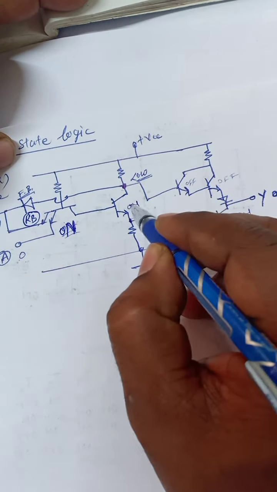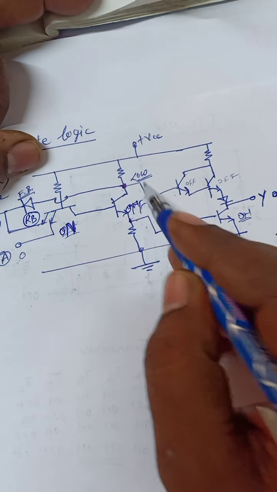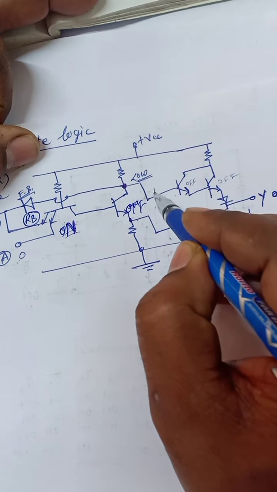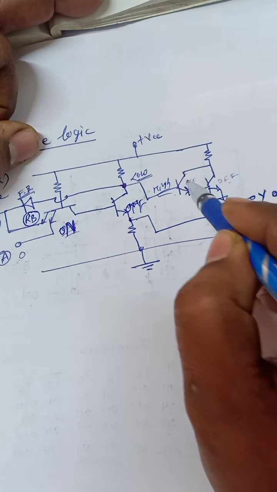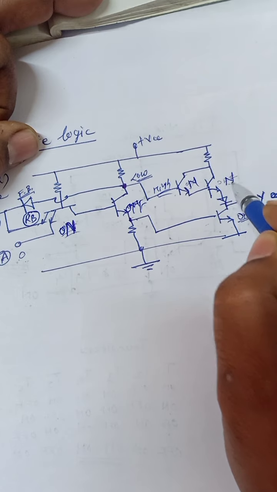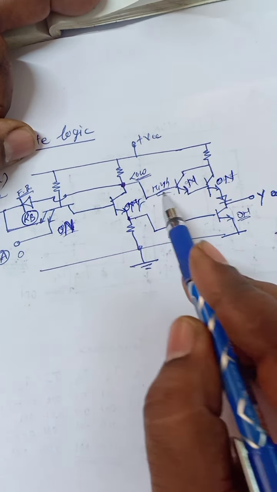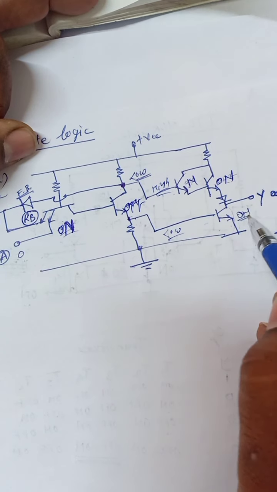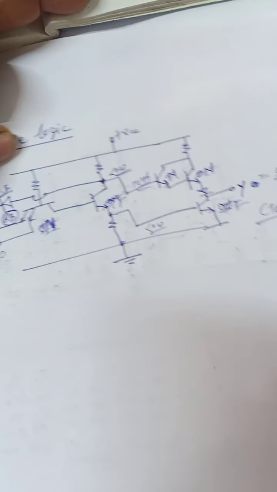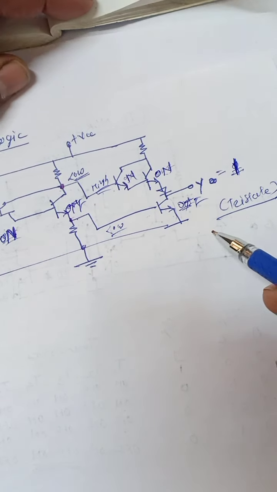As it will turn on, it remains off. As it goes off, if this voltage goes high, these will turn on, this will turn on also. Current flows through this. As it is high, its voltage is low, so it will turn off. Sorry, there is a little bit of a mistake here.